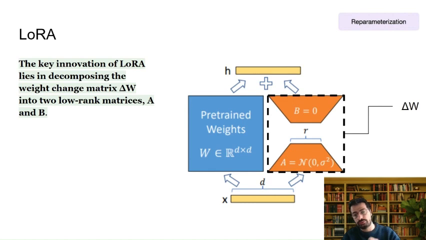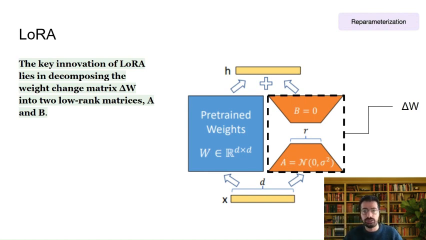And then the other copy of X goes to the right here and gets multiplied by the matrix delta W, which is actually made up of a multiplication of matrices A and B. And by having delta W represented by two low rank matrices, the multiplication of X by A and B is much more computationally efficient than if you multiplied X by delta W using the entire shape of the matrix W. So that's where we're saving a lot.